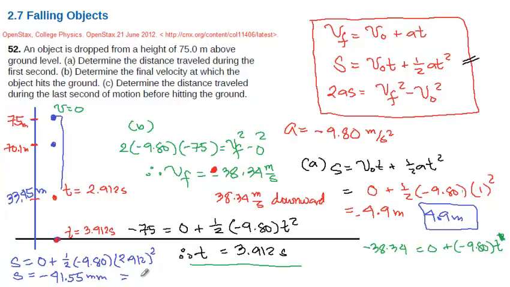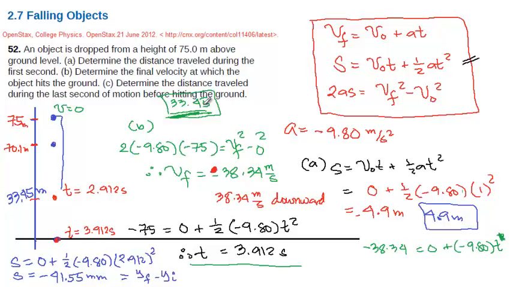Note that displacement is y final minus y initial, meaning location final with respect to y minus location initial, and location initial is just 75 meters. So y final will be 33.45 meters. So that is the location here, 33.45 meters. After 1 more second, it will be at the ground, which means the answer for part C is simply 33.45 meters. That's the distance covered by the ball in the last 1 second.